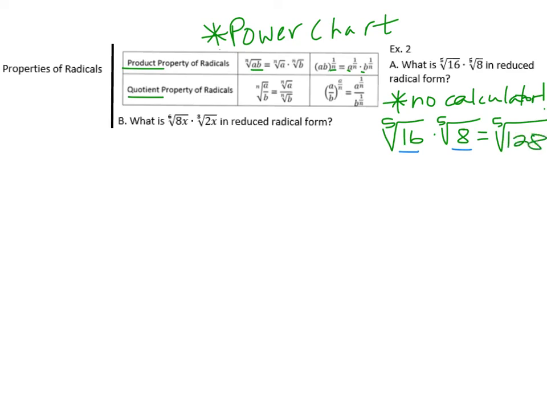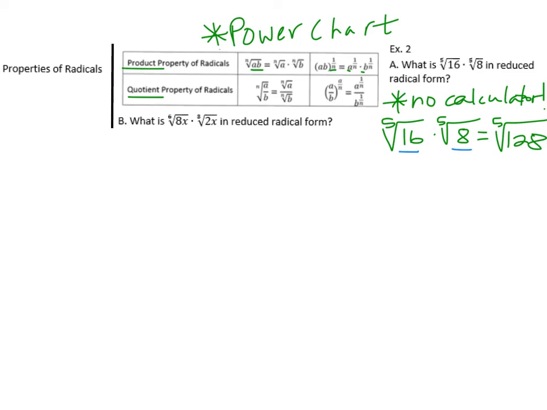Now, if you look at your power chart, 128 isn't on that list. But look at all the numbers in that power chart. There's a number that will go into 128 that's in the 5th powers column. Well, 1 to the 5th doesn't go into 128. Well, I mean, it would, but it's just 1. 2 to the 5th is 32.